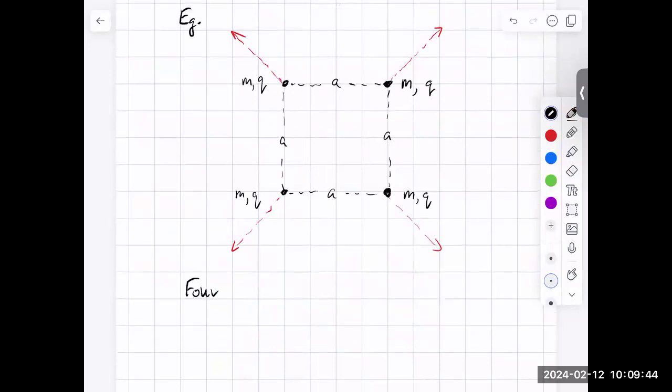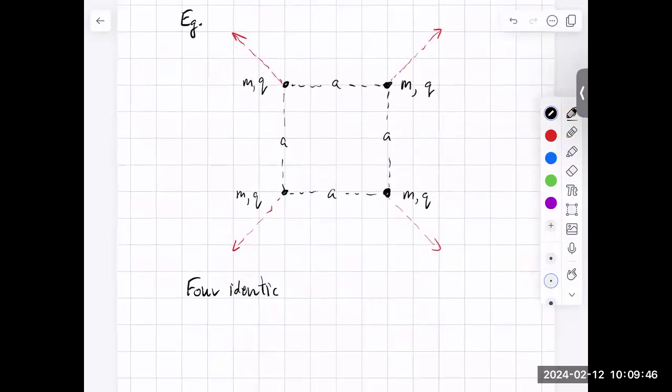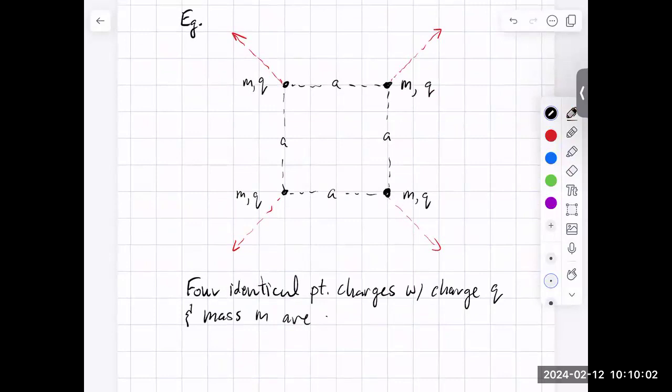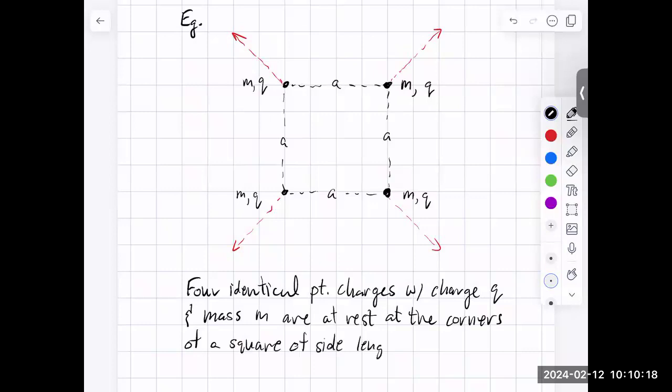So 4 identical point charges with charge Q and mass M are at rest at the corners of a square of side length A.